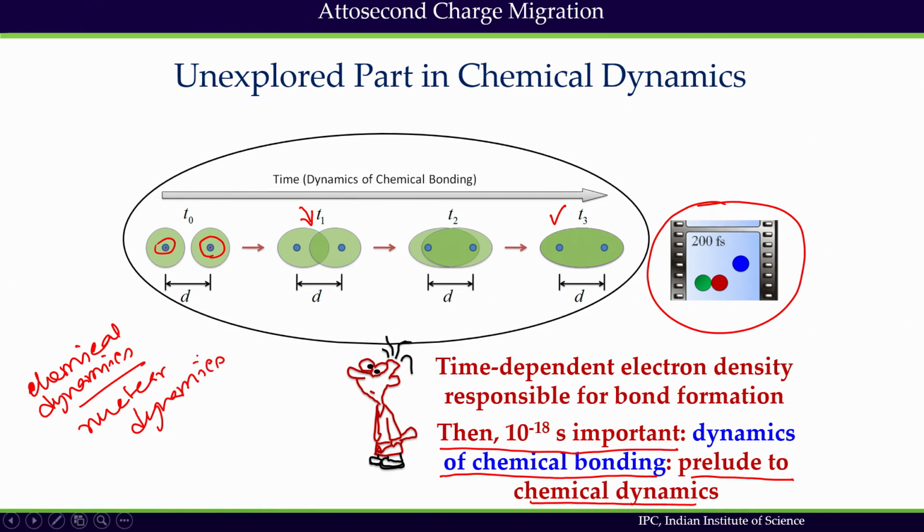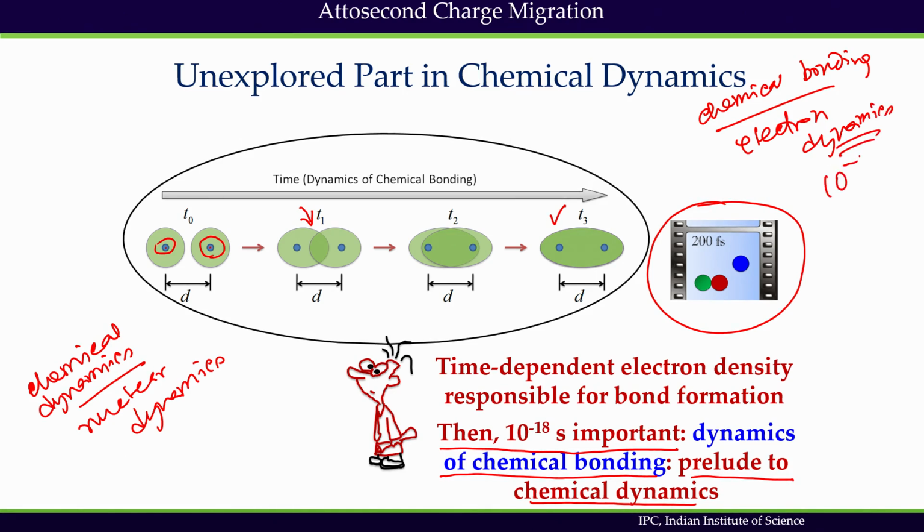And chemical bonding is all about electron dynamics. And this may happen in 10 to the power minus 18 second, but nuclear dynamics occurs only in 10 to the power minus 15 second.